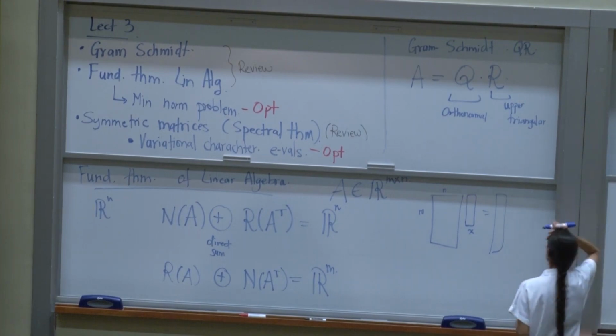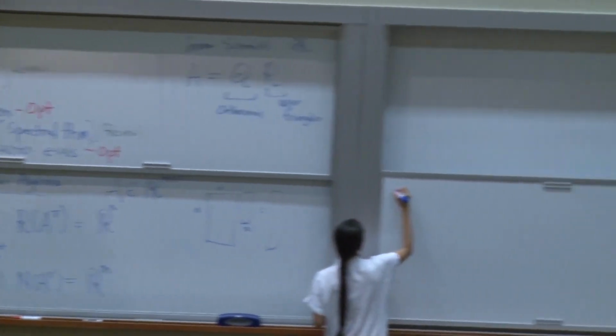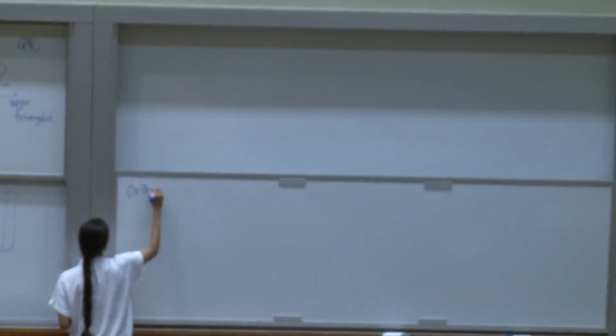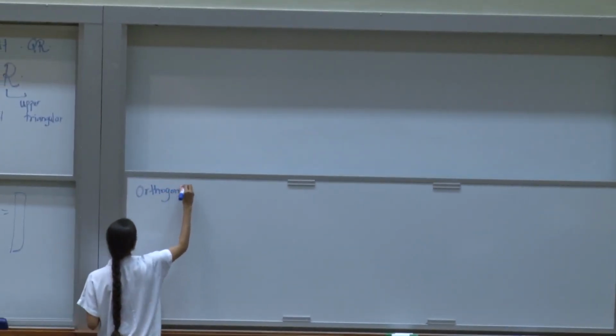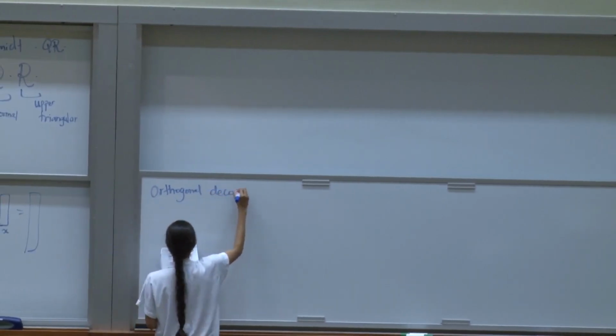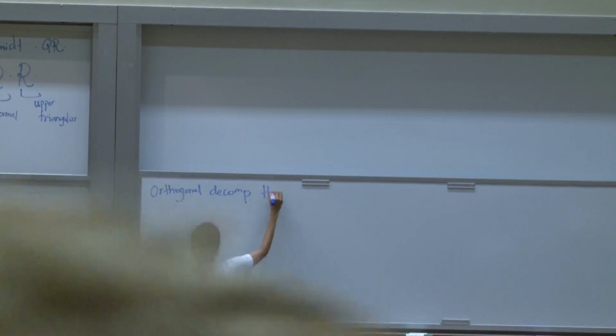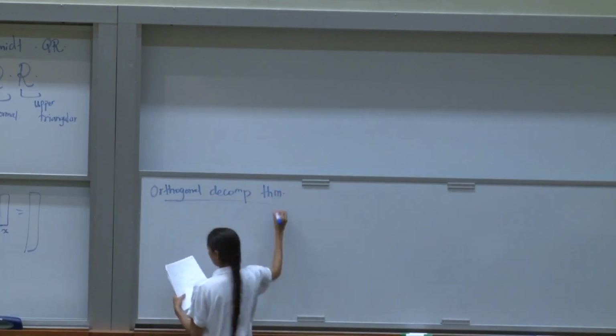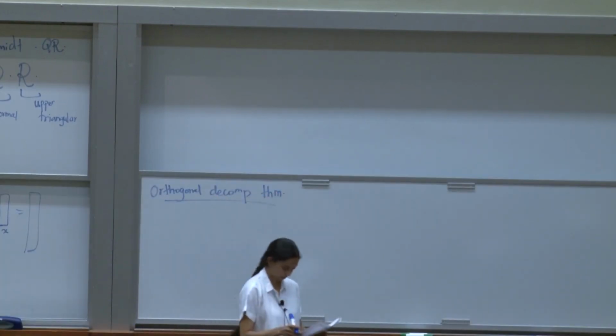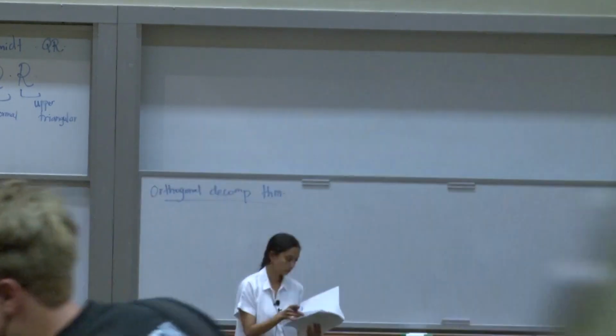To prove this, we're going to make use of a tool, which is the orthogonal decomposition theorem. Oh, this is in the textbook. I wrote down the number. What was the number for this?